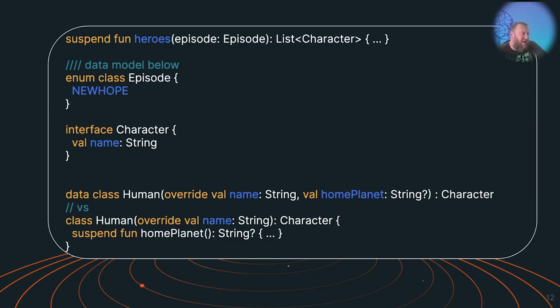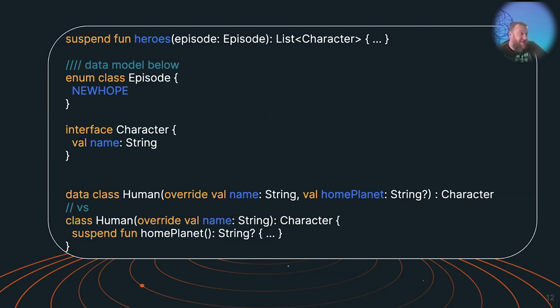The top one is just a data class, which means that in order to construct it, we need to pass both the name and home planet. So we always have to compute those in order to return this. But with GraphQL, clients don't have to ask for both of those elements. They can ask for just one.